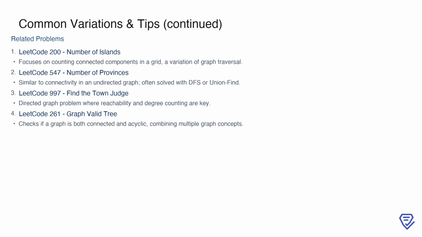LeetCode 997, Find the Town Judge, introduces a directed graph problem where understanding reachability and degree counting plays a key role. Lastly, LeetCode 261, Graph Valid Tree, combines multiple graph concepts by asking you to verify both connectivity and acyclicity. These problems are great opportunities to refine your understanding of graph algorithms and to practice applying them in different contexts.